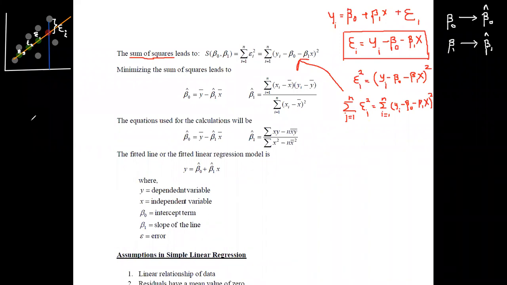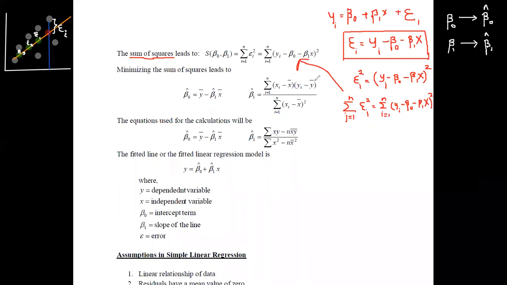Using the same concept, we are going to perform a partial derivative for this function. First I can get the partial derivative of this quantity with respect to beta naught, and thereafter I can get it for beta 1 also.